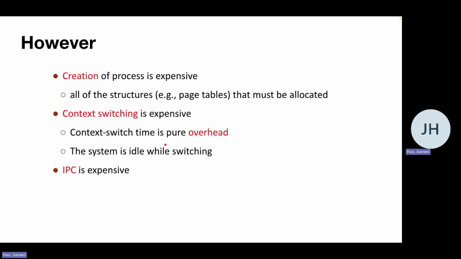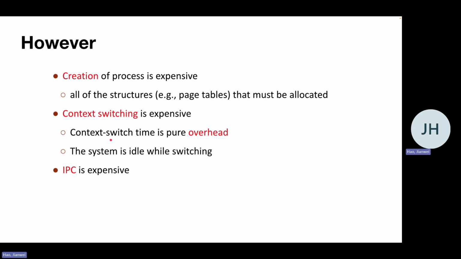But creation of a process is expensive. For example, if we want to create a process, we need to create all the process structures anew, and we must allocate resources such as page tables to the new process. Context switching is also expensive, as we discussed before.